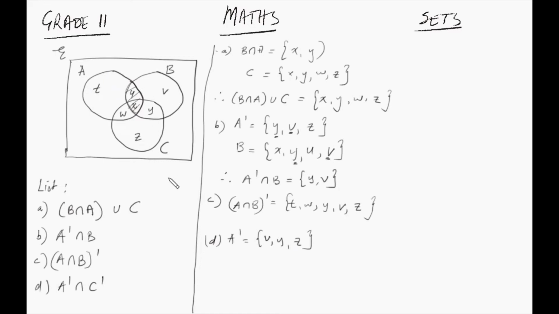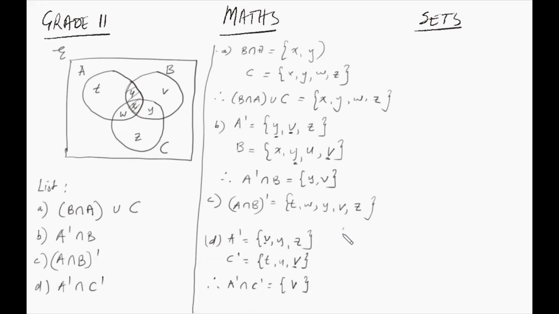Then C complement. This is set C, so outside C would be T, U, V. Now, that means you can say therefore A complement intersect C complement would be these elements. Do we have a common element? This one and this one, V. So that would be V. All right?